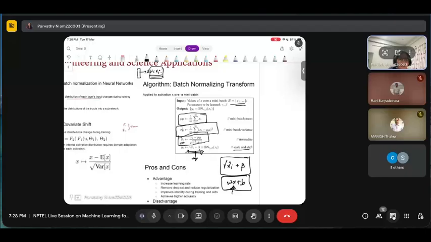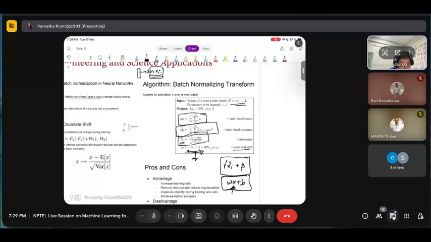So it's like another layer. That's why it is doing this affine transformation on the mini batch, considered as another layer. So gamma and beta are trainable parameters, and we can find them through training.